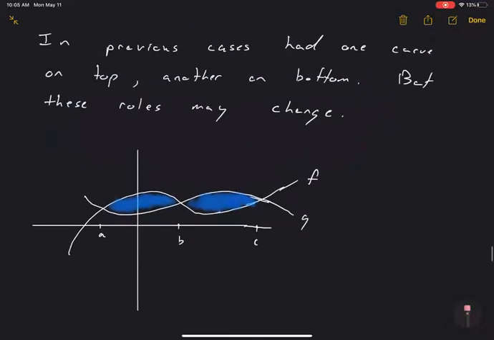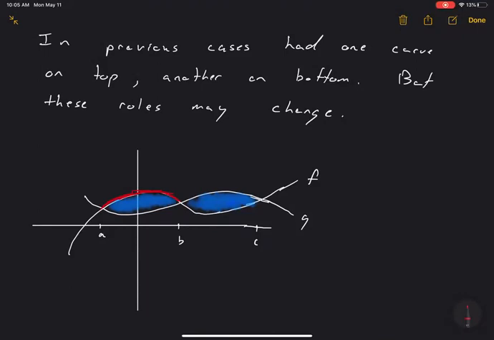What if I'm told to find the area enclosed by the curves f and g? Okay, well, let's see. Over here in this left piece, this curve's on top. Well, which curve is this? That's going to be the curve f.